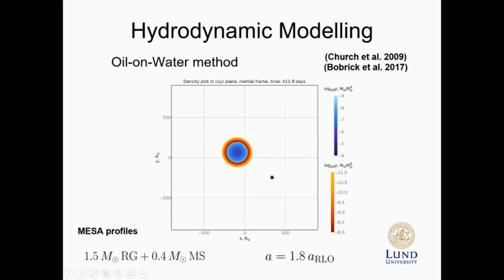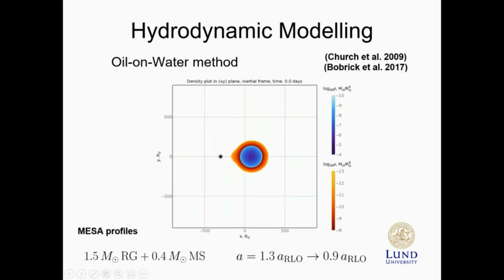And in the next slide, I show an example of a simulation wherein we took a main sequence accretor and a red giant, and we continually changed over time the separation between the red giant and the main sequence accretor. In this case, we are not visualizing the particles which have passed towards the main sequence accretor, just to clarify the view, but over time we really shrink the orbit and make it smaller and smaller.